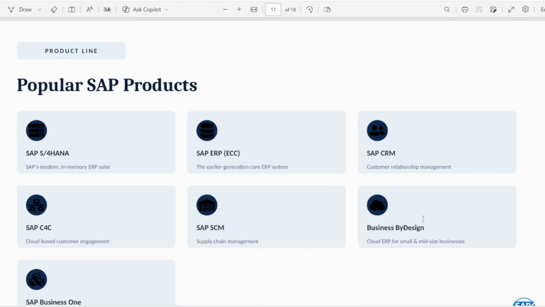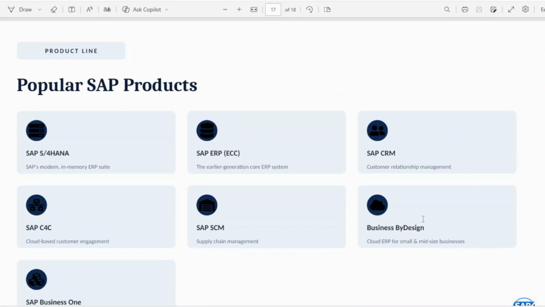Let's quickly go through some of them. You may know the names when you hear them: SAP S/4HANA is a modern in-memory ERP suite, SAP ERP, the so-called ECC, the earlier generation core system, SAP CRM for customer relationship, SAP C4C for cloud-based customer management, and SAP SCM for supply chain management. Another is Business ByDesign, basically a cloud ERP built for small and mid-sized businesses, and SAP Business One, which is designed for smaller-scale operations.